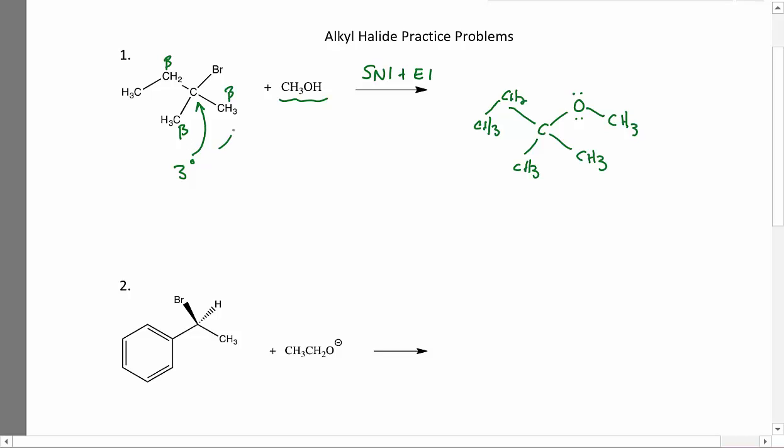Because 2 of these are both the same, whether or not you lose a proton from this beta carbon or this beta carbon, you in fact get the same product. So let's draw those products.